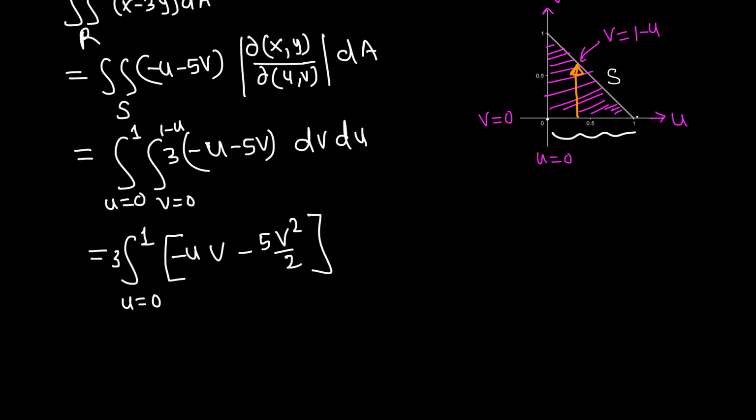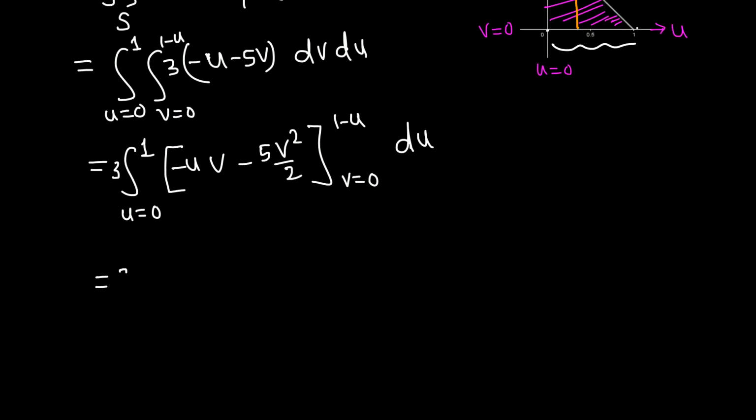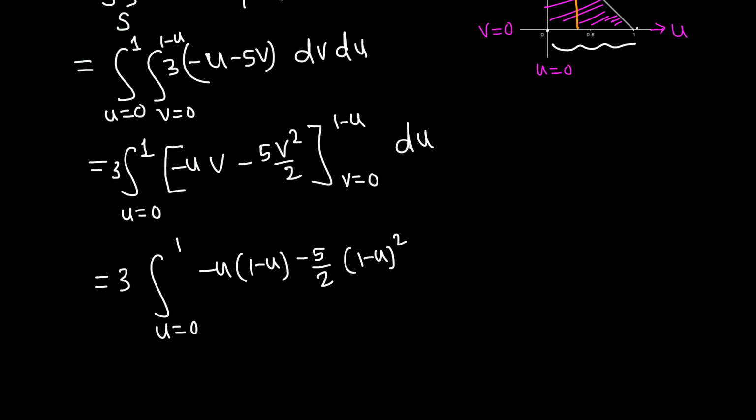We go from v equals 0 through 1 minus u, du. Let's replace v by 1 minus u: negative u times (1 minus u) for the upper limit, minus 5 halves times (1 minus u) squared. The lower limit, v equals 0, makes both terms 0, so we have no contribution from the lower limit.